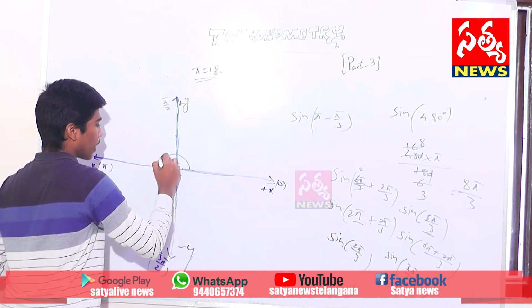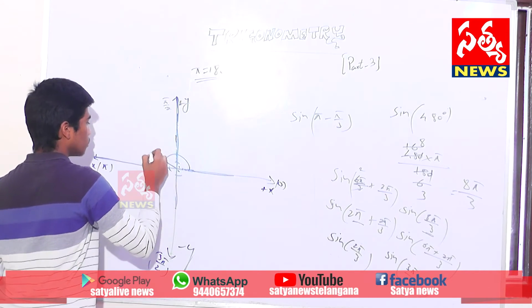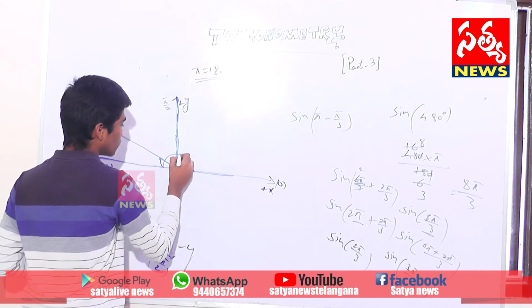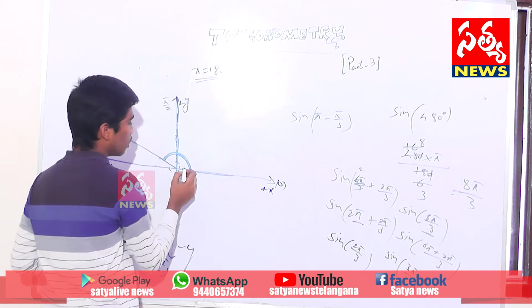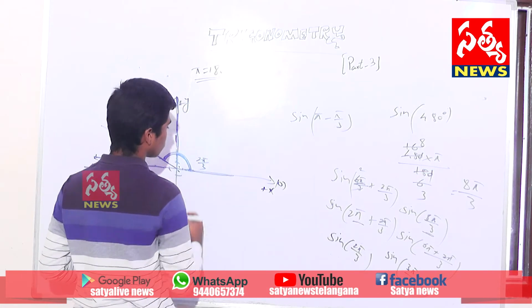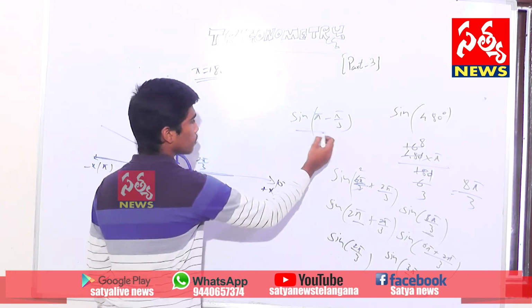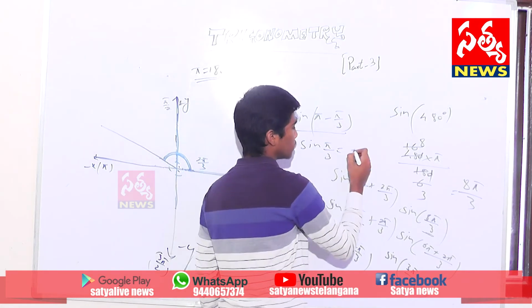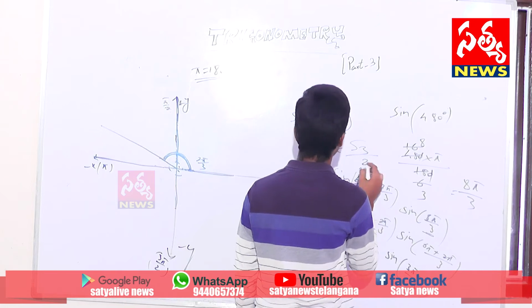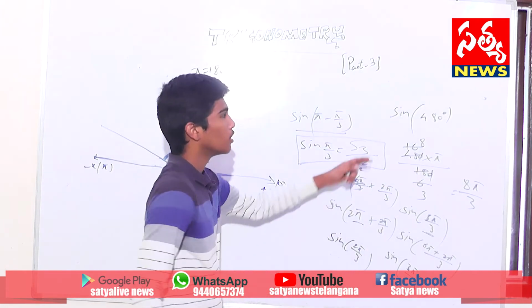So we have to go back again. This is the angle we are required with. This is the angle 2 pi by 3. Sin 2 pi by 3 is equal to sin pi by 3, and sin 60 is equal to root 3 by 2. This is our answer.